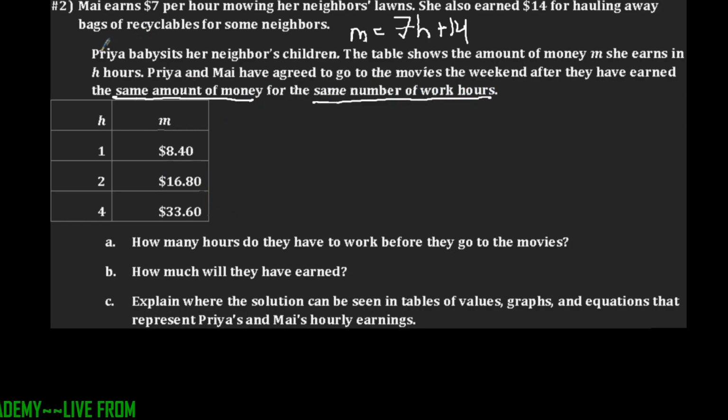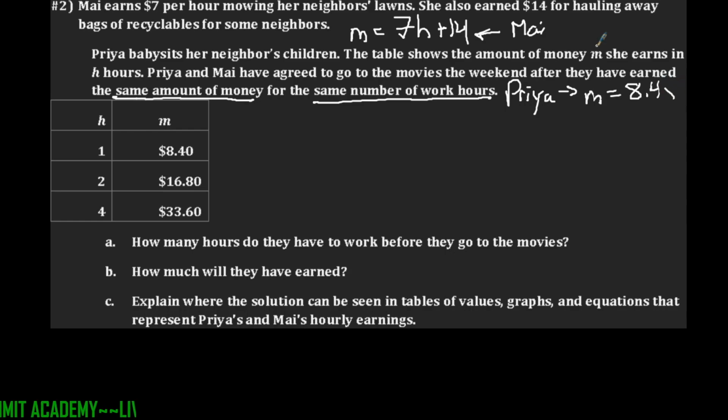If this is Mai's equation, then Priya's is going to be M, money, equals 8.4 times H. It says how many hours do they have to work to go to the movies. So what I would suggest you do is this.